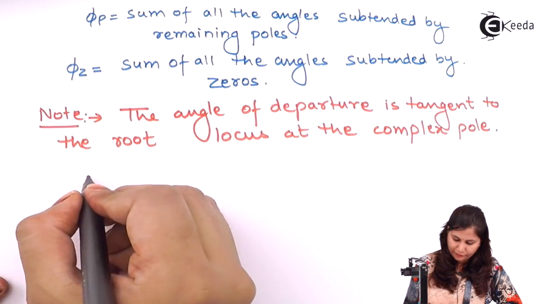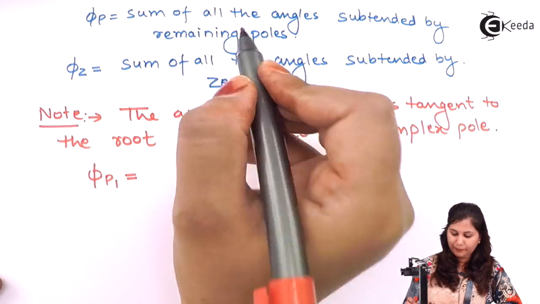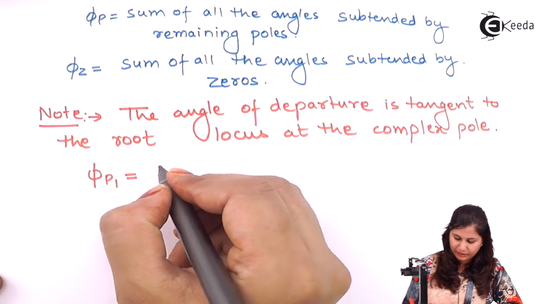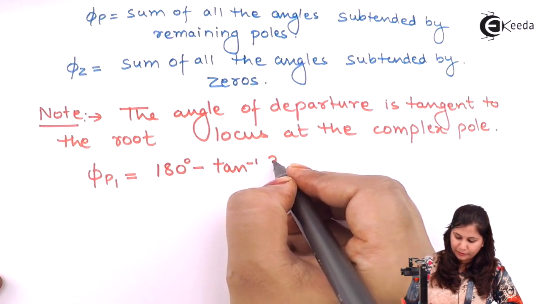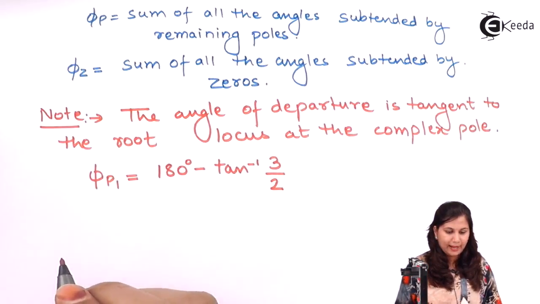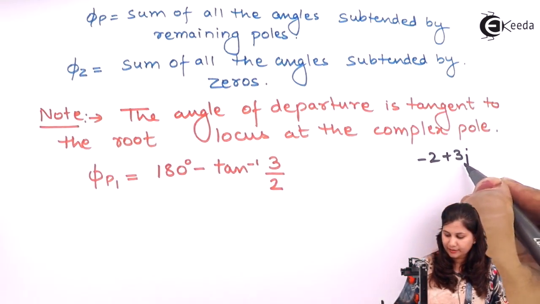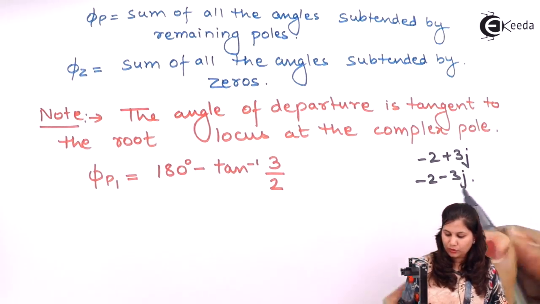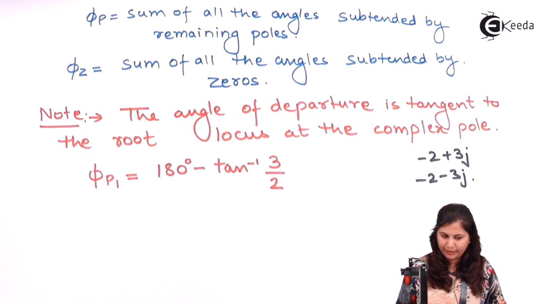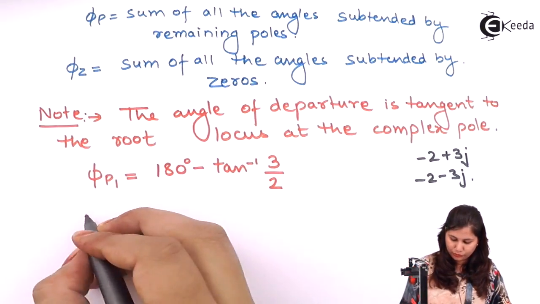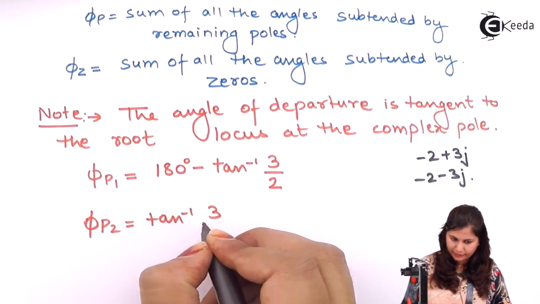So our formula for phi p1, when we want to find the angle subtended by the remaining poles: phi p1 will be 180 degrees minus tan inverse of, because we have the complex poles as -2 plus 3j and -2 minus 3j, so phi p1 will be 180 degrees minus tan inverse of 3 by 2, and phi p2 will be tan inverse of 3 by 4.